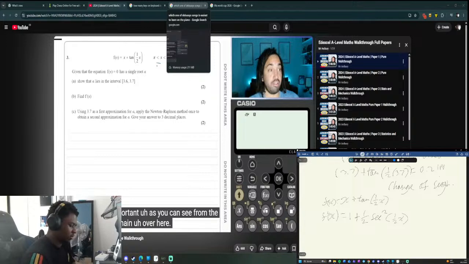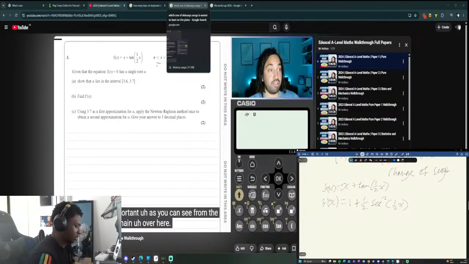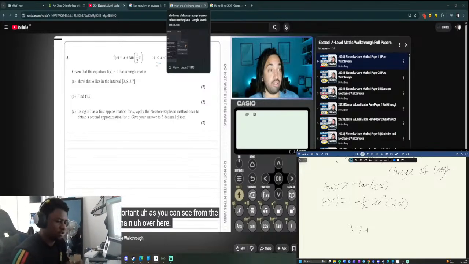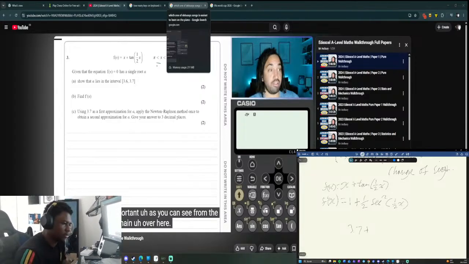Okay. Using 3.7 as an approximation, apply Newton-Raphson to obtain a second approximation for alpha. So it's 3.7. It's the opposite of what I said, because normally it's differentiation on the top, original on the bottom.